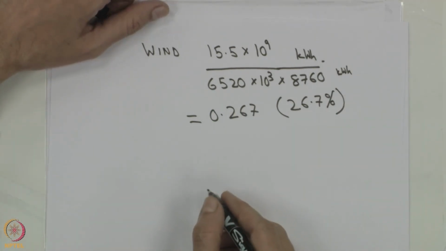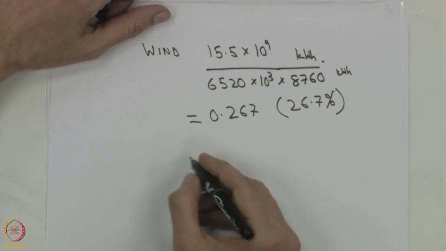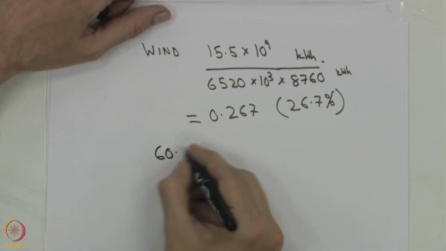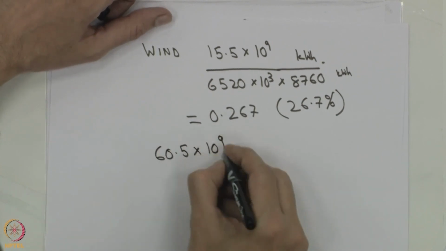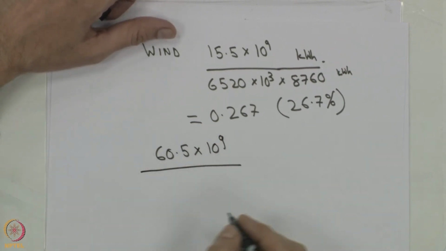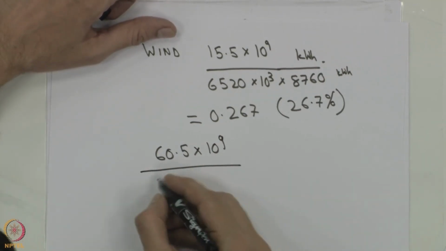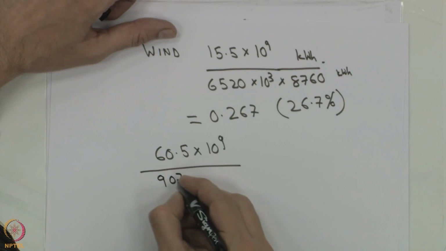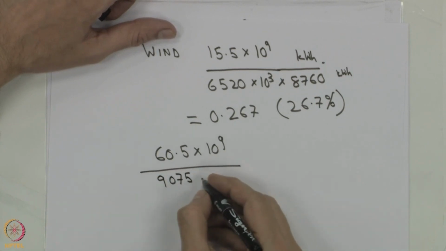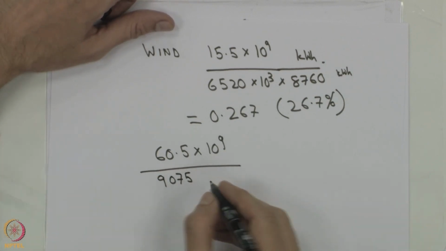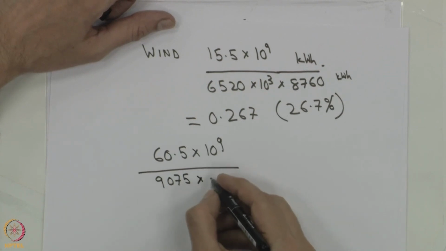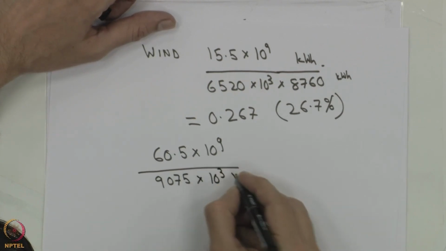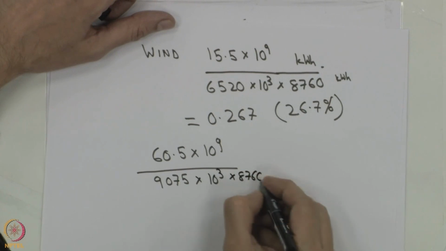In the case of nuclear, we are told that generation is 60.5, and installed capacity is 9075. So we do it in the same fashion: 9075 into 10 raised to 3 into 8760.